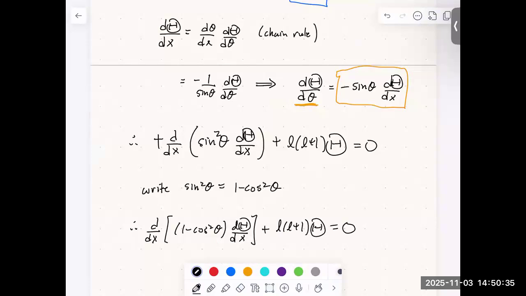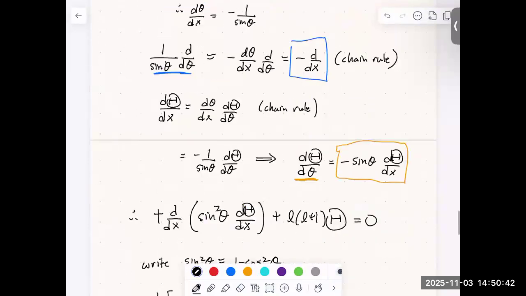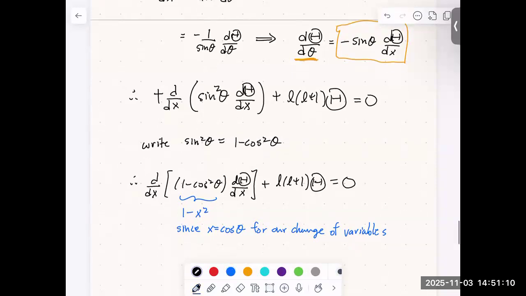Okay, but when we make this change of variables, we said x was equal to cos theta. So this is really 1 minus x squared, since x was equal to cos theta for our change of variables. And so now we have something where we could actually evaluate this derivative and make some progress.